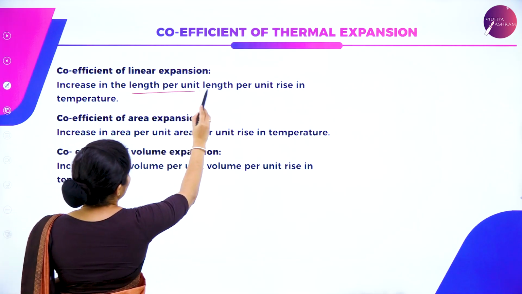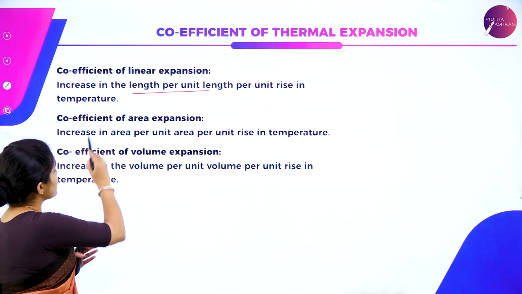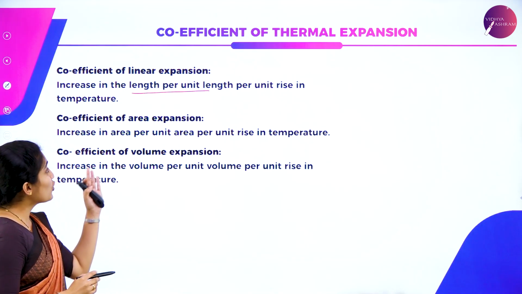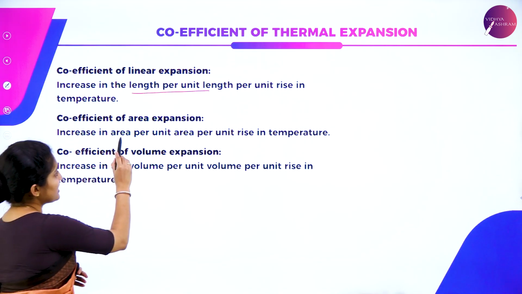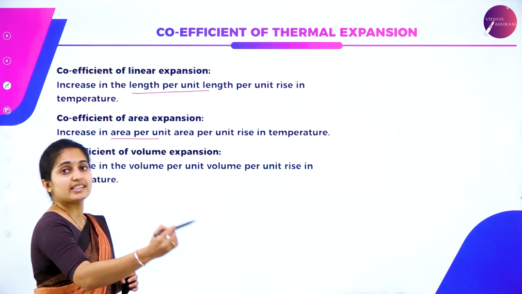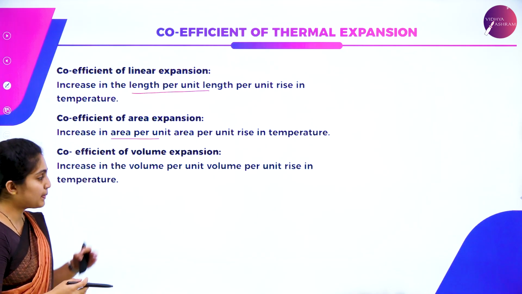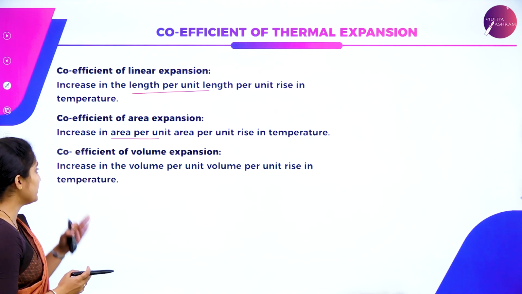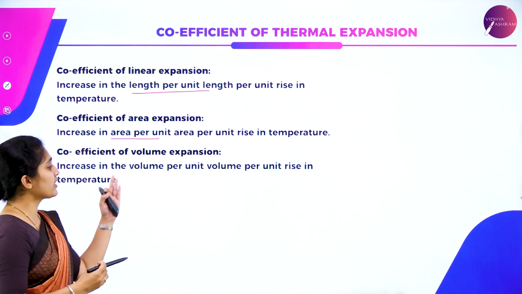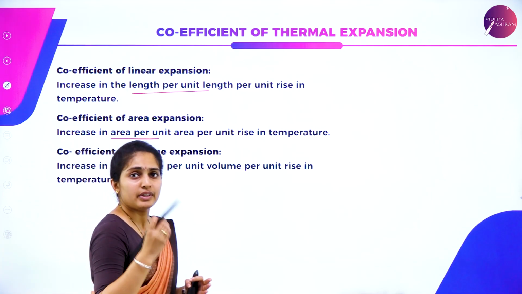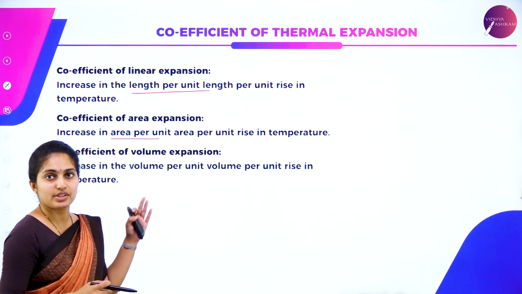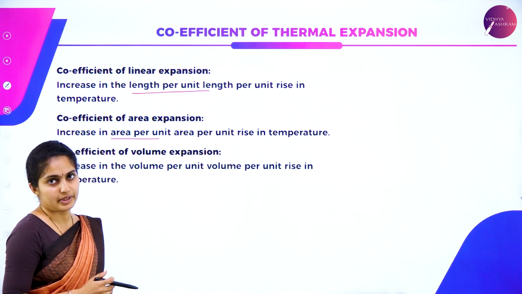Increase in the length per unit rise in temperature is called the coefficient of linear expansion. Increase in the area per unit rise in temperature is called the coefficient of area expansion. Similarly, with respect to volume expansion, the small increase in the volume per unit rise in temperature is called the coefficient of volume expansion.